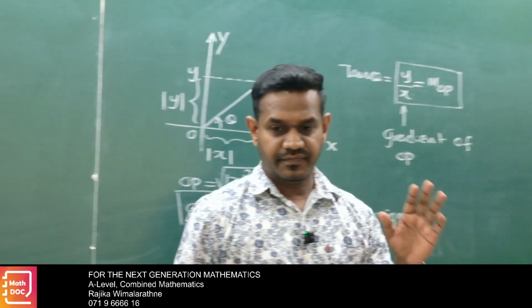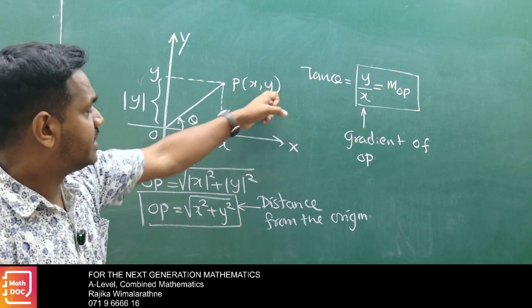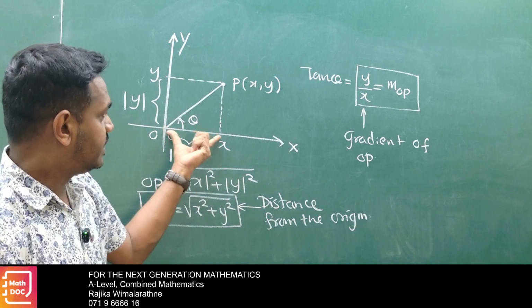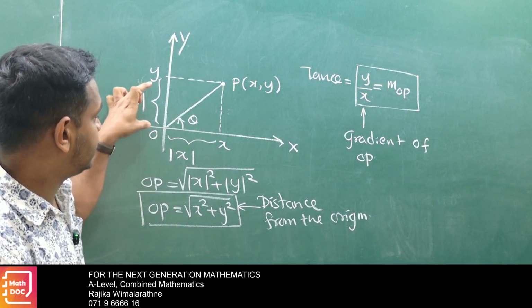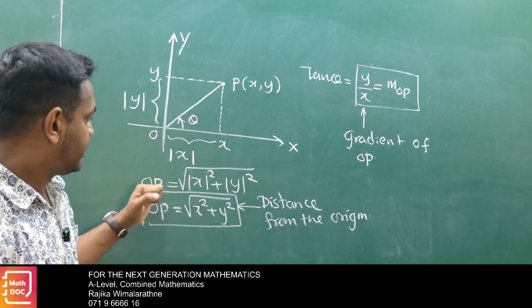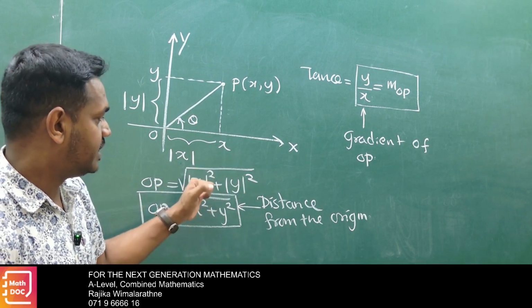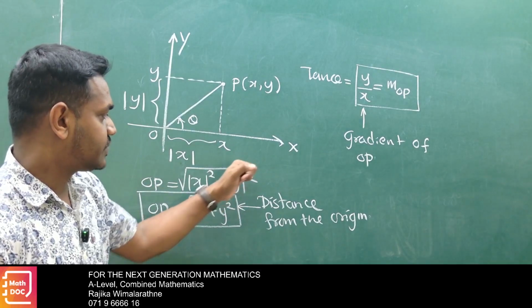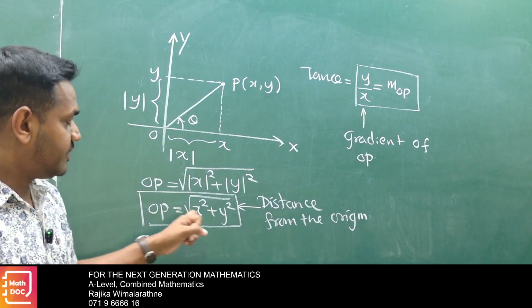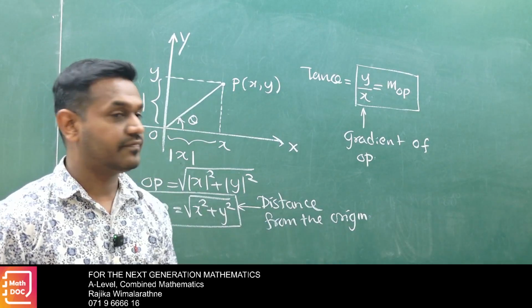Okay, check this one again. Here, this point x comma y, the x coordinate we say just x, that can take positive and negative values. But this length we say modulus x, and this length modulus y. Then the OP length is the square root of modulus x squared plus modulus y squared by the Pythagorean theorem. Modulus x squared means x squared, modulus y squared means y squared. Modulus represents only length. Finally we write OP length as the square root of x squared plus y squared, that we call the distance from the origin.